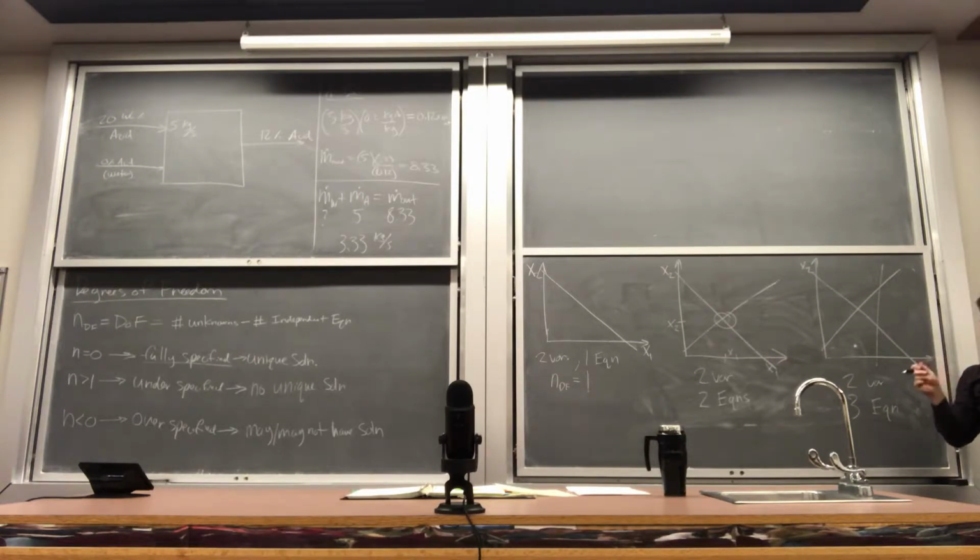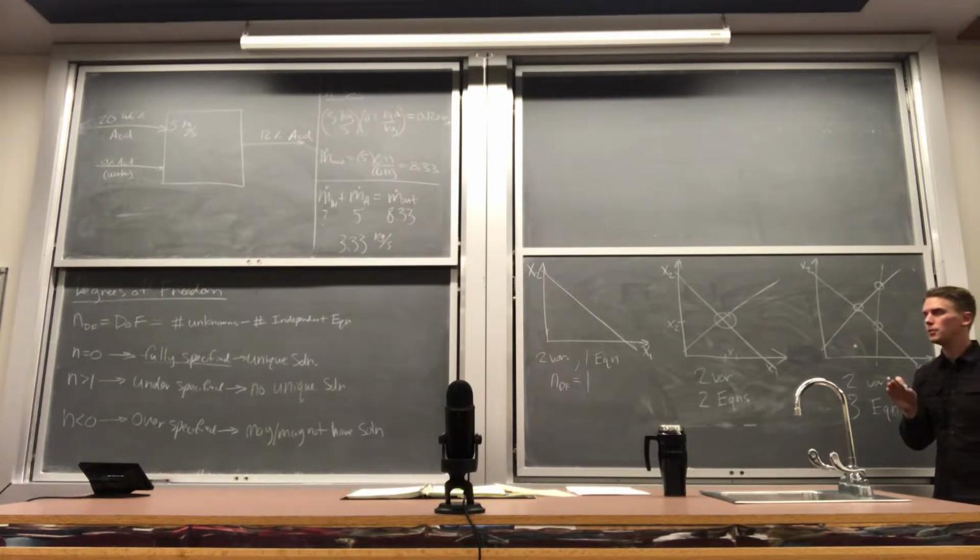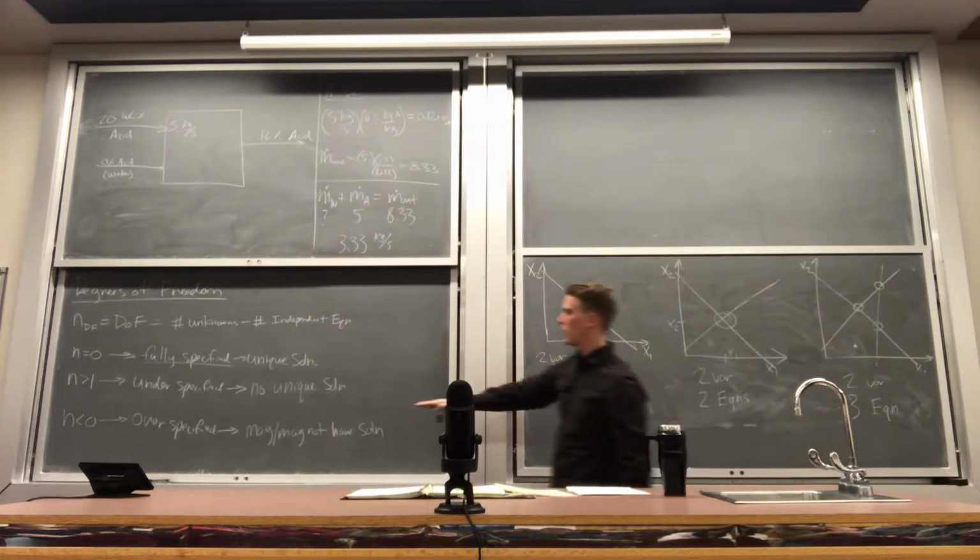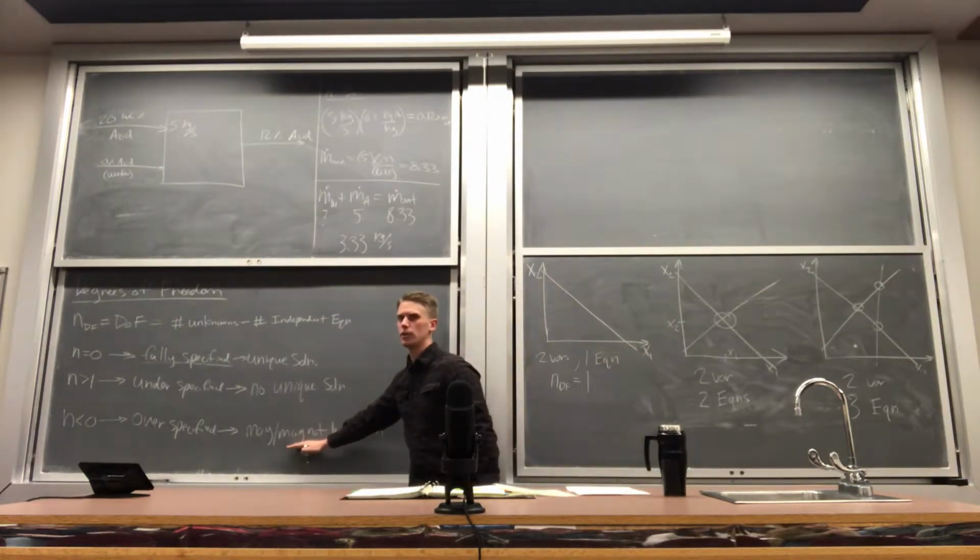There is no solution to this problem because this one satisfies two of the three equations, this one satisfies two of the three equations, and this one satisfies two of the three equations. This is an overspecified system. Now, just because you have an overspecified system doesn't mean you'll run into this situation here where you do not have a solution.